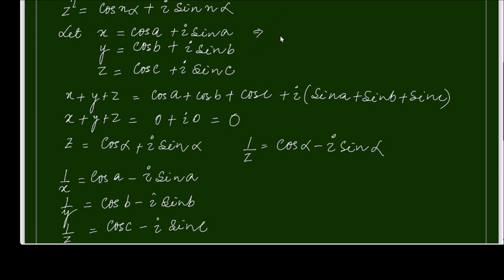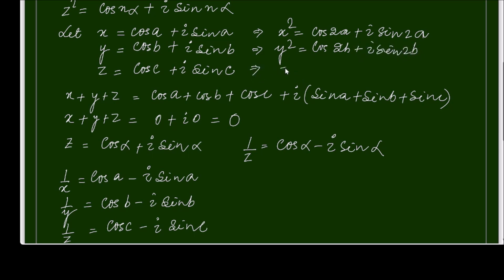According to De Moivre's formula, x square will be cos 2A plus i sin 2A, y square is equal to cos 2B plus i sin 2B, z square is equal to cos 2C plus i sin 2C.